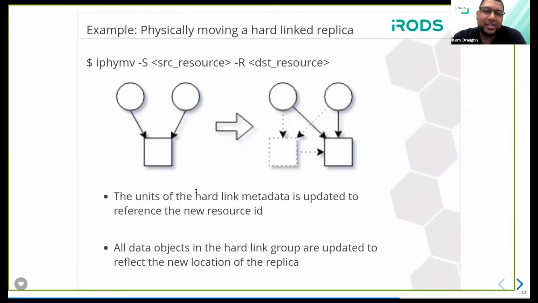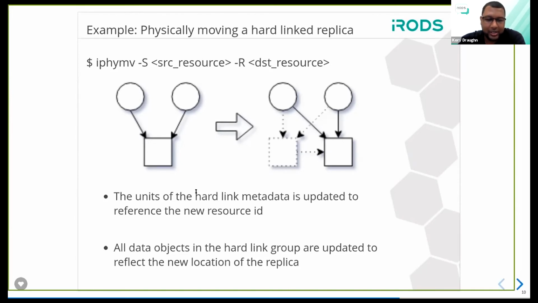Last but not least is the situation where people can use imv to physically move a replica from 1 resource to another resource. And if we think about it, the only thing that happens here is, as I just said, the replica is moved from 1 resource to another resource. So this is just a matter of updating the hard link metadata for all of the data objects to reference the correct resource ID.